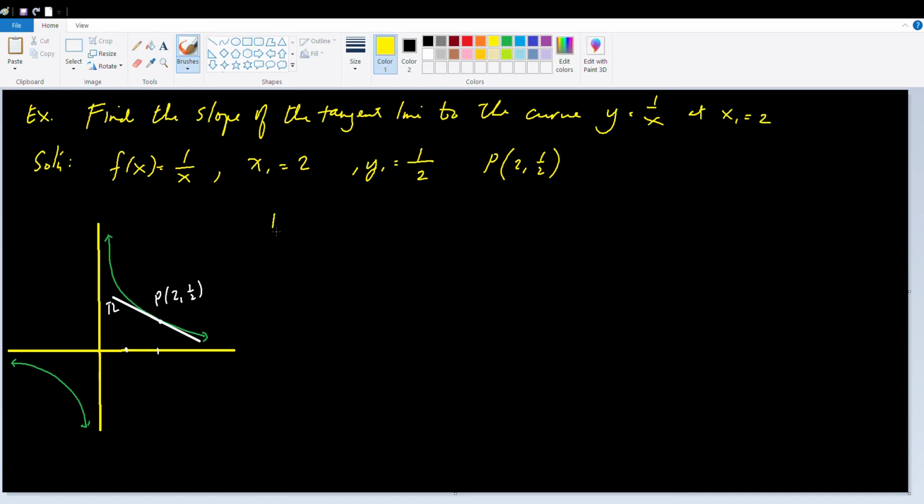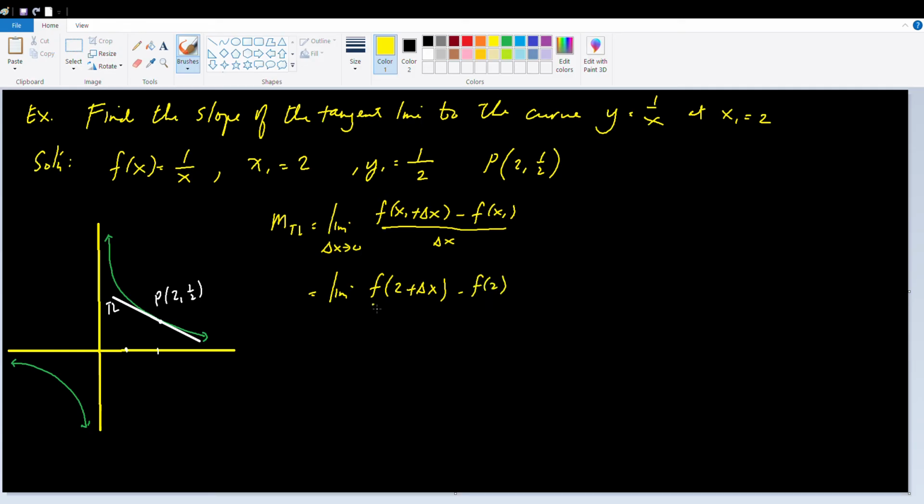So the slope of the tangent line is equal to the limit of f of x1 plus delta x minus f of x1, all over delta x, as delta x approaches 0. So our x1 is 2. f of 2 plus delta x minus f of 2, all over delta x, as delta x approaches 0.